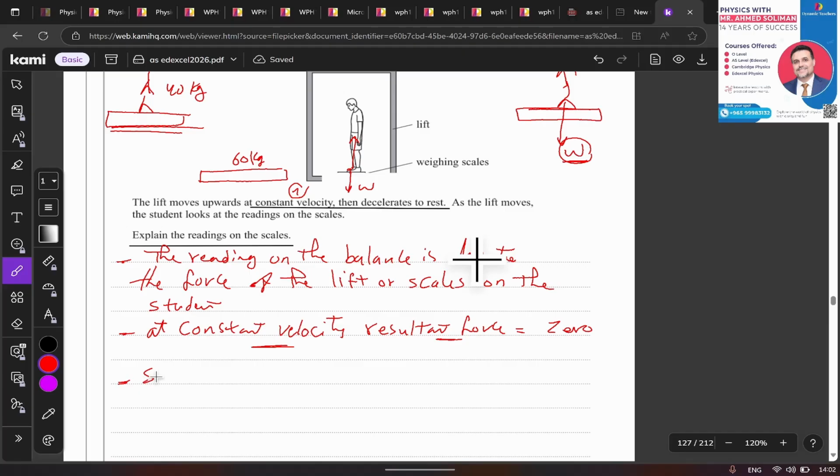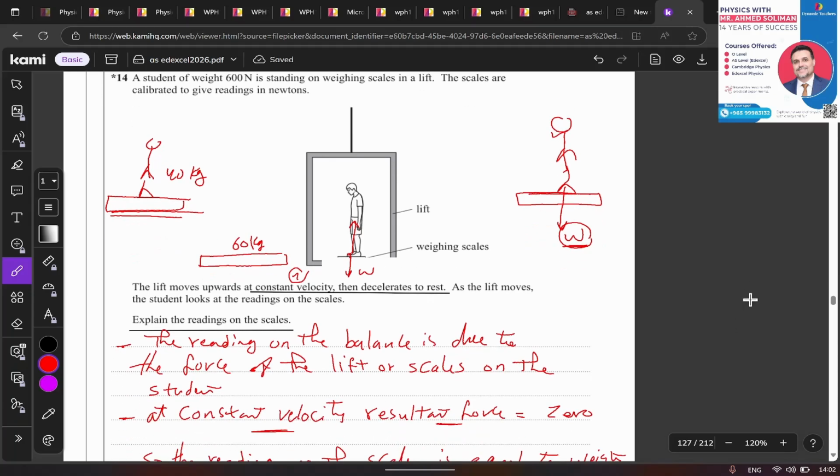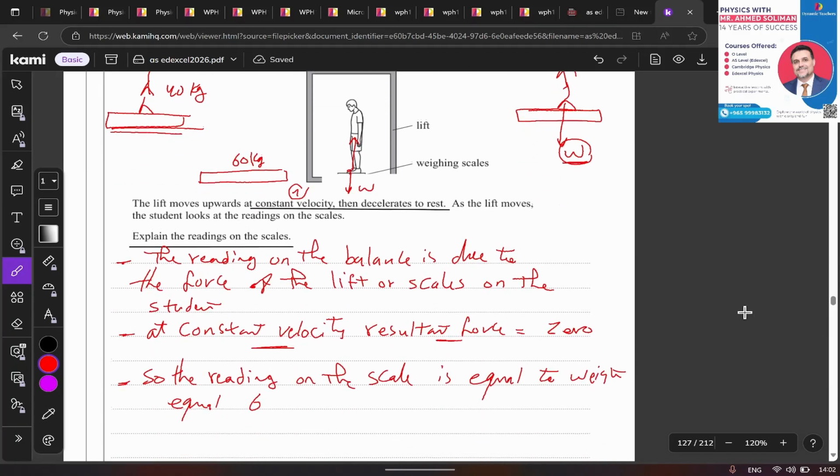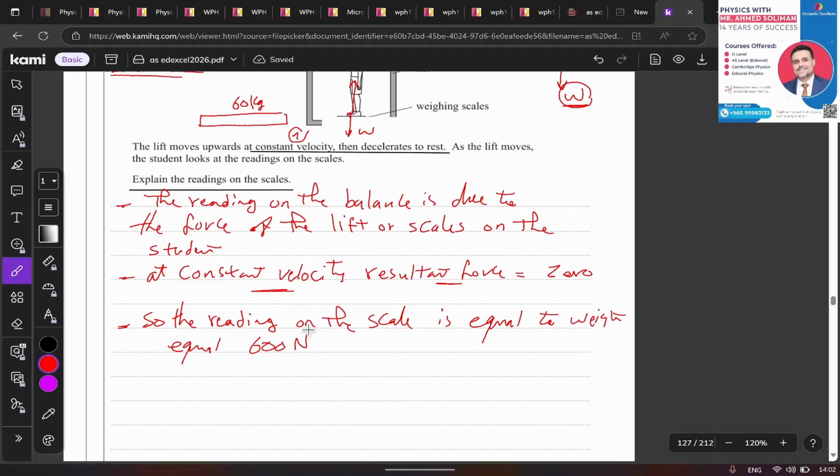It means the reading on the scale is equal to the weight. Equal 600 Newton. So until now, do you understand, Mirula?